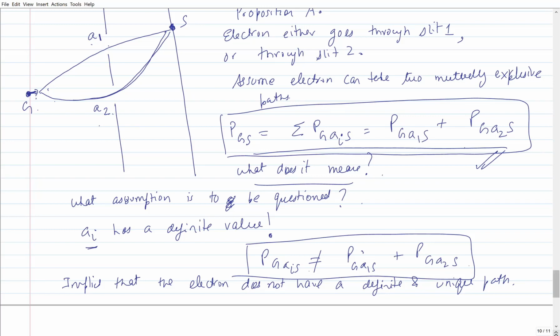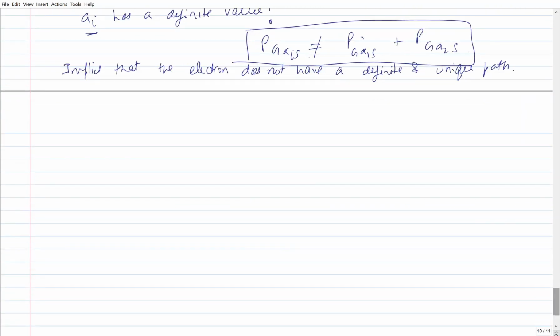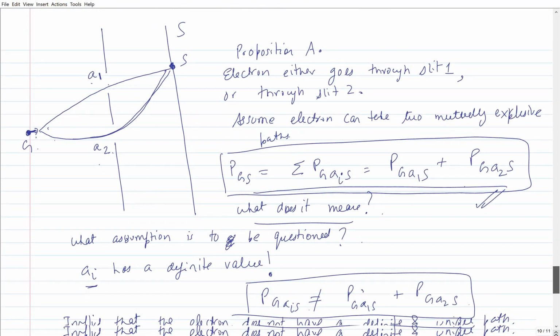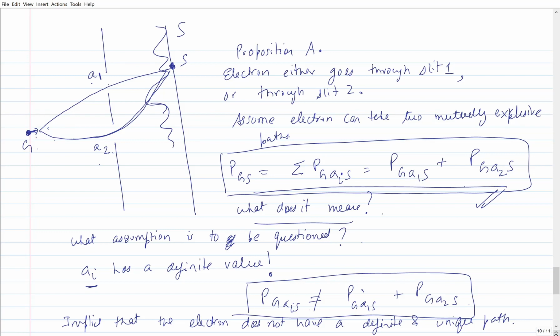So this essentially is the essence, the heart and soul of the double slit experiment. We still need to make sense of the experiment. What the heck is going on? How do we explain my interference fringes, for example?